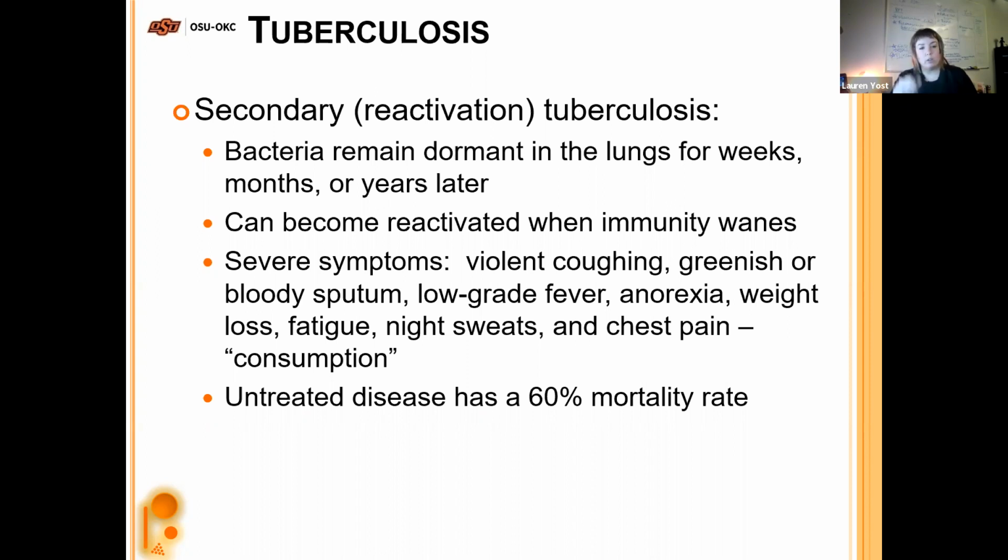Symptoms include coughing, greenish or bloody sputum, low-grade fever, anorexia, weight loss, fatigue, night sweats, and chest pain. Like we said, consumption is what they used to call it back in the olden days. The untreated disease, if you don't get any treatment at all, has a 60% mortality rate. Pretty crazy, when I'm sitting here telling you guys, a third of the world has this.